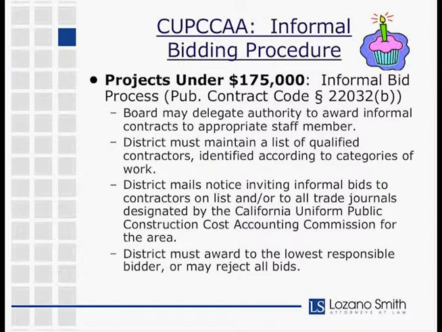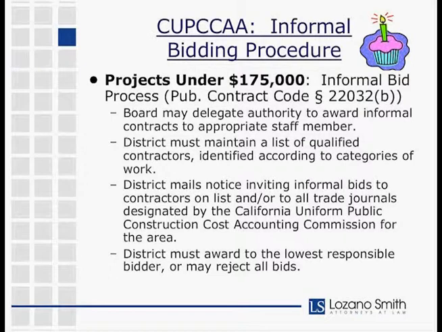Okay, the next threshold under the CUPCAKE scheme is projects of $175,000 or under. In that case, there's an informal bid process that is required. And how that works is, first of all, the board has the authority to delegate the awarding authority to an appropriate staff member.